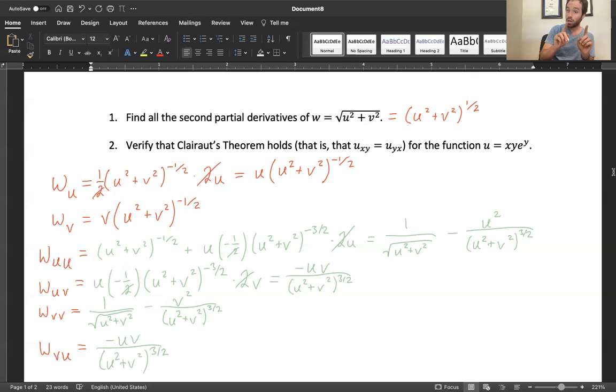And I'm not using Clairaut's theorem there. I'm saying that because it's symmetrical, because it's comparable in the sense that U and V have switched places, it's definitely equal to that. So notice, though, that that forces these to be the same. And we want that. That should be true in general, that mixed partials should be the same.